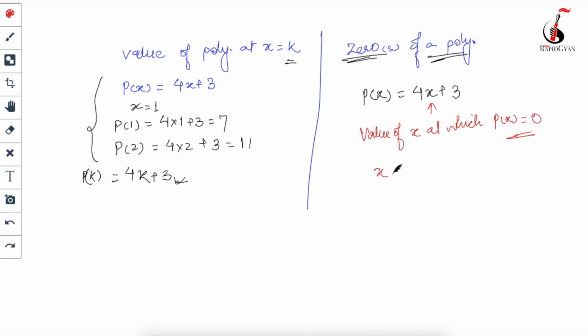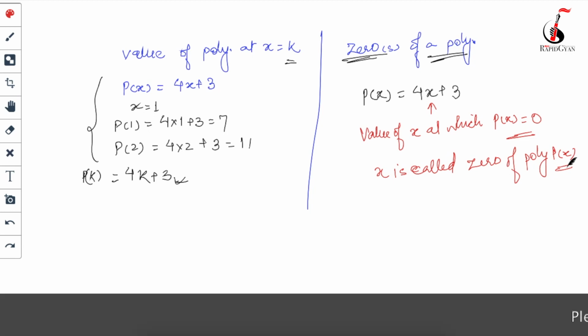Then x is called the zero of polynomial p(x). Understand? Means you will have to find a value of x at which p(x) will become 0.